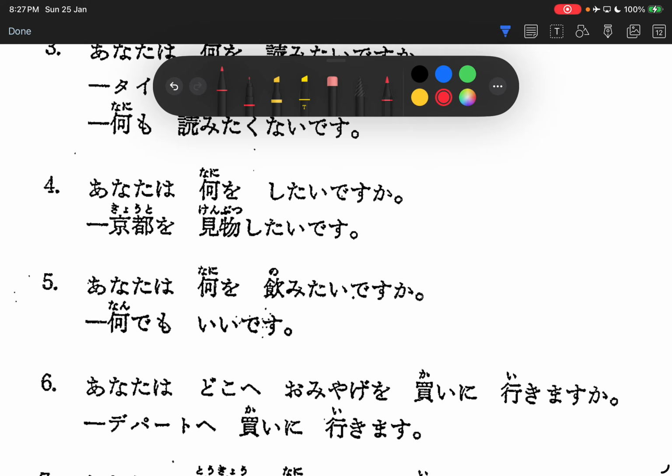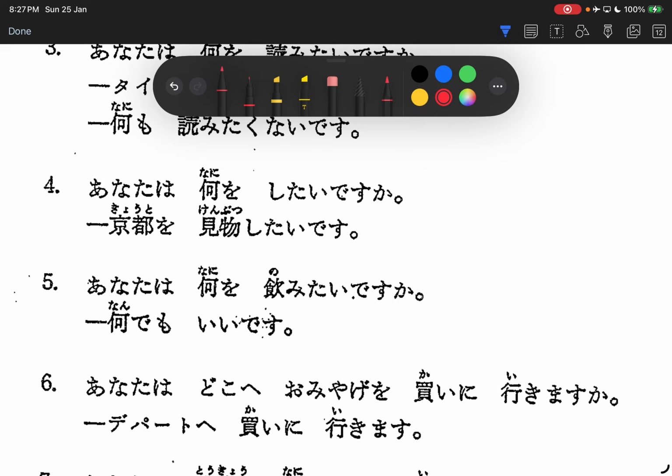Then the answer, 京都を見物したいです。Then you must be thinking, 京都を見物したい. Why not 京都で見物したい? Any idea why? Why is it 京都を?